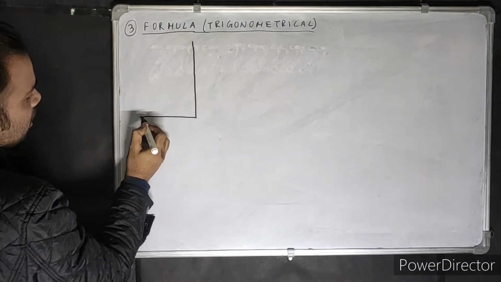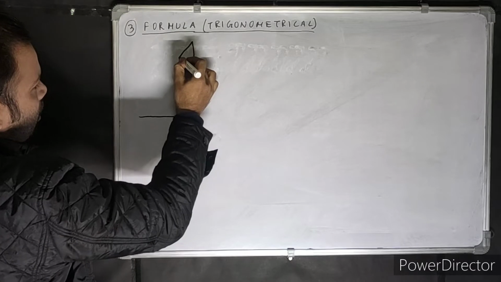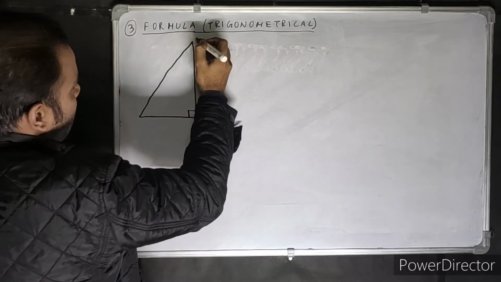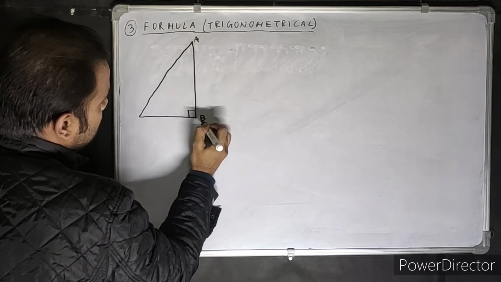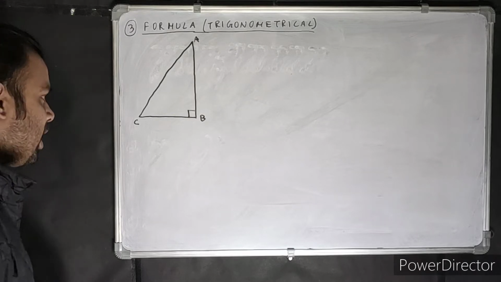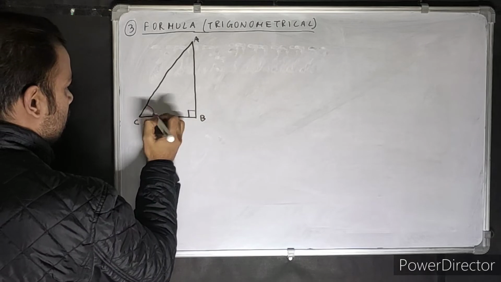So that is your 90-degree part. First of all, mark it as a box, that is 90 degree. Then from here, that is your hypotenuse. This is A, this is B, and this is C. You can also mark PQR if you want. Now, it's up to you where you want to place the theta. Let's put the theta here.